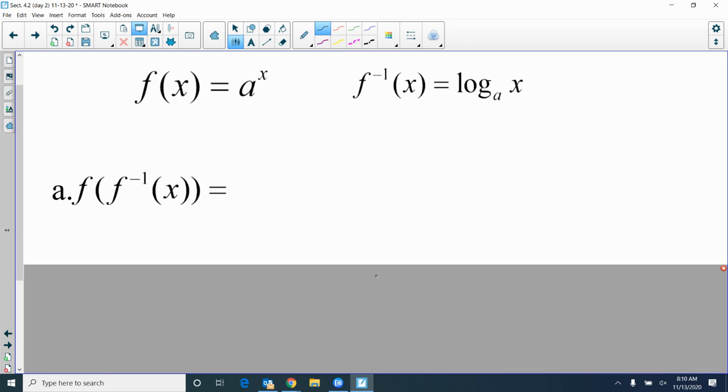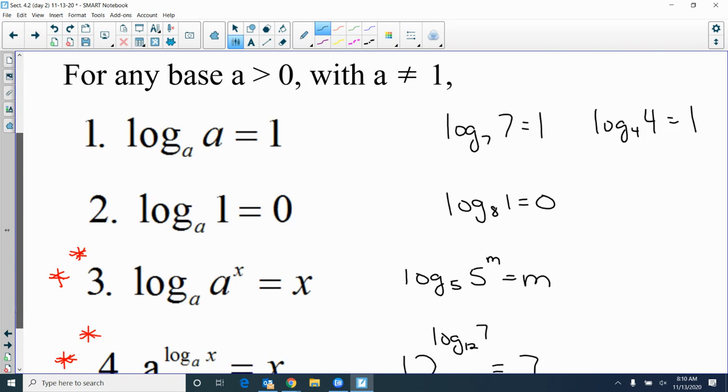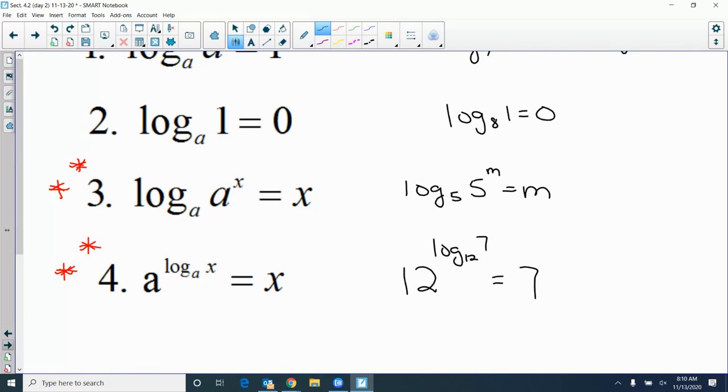So it gives me a to the log base a of x. And what does that have to equal? It has to equal x for two reasons. F of f inverse of x has to equal x, and we just did that property two slides ago, that a to the log base a of x will be x.